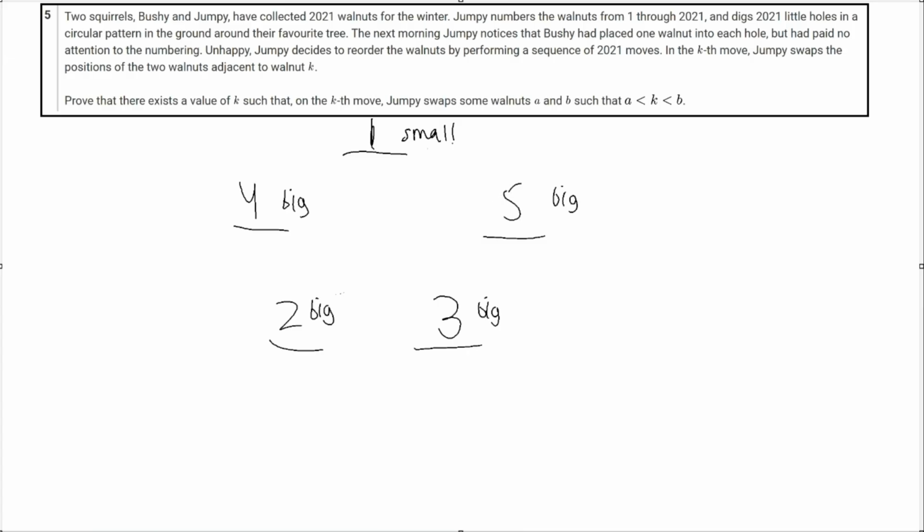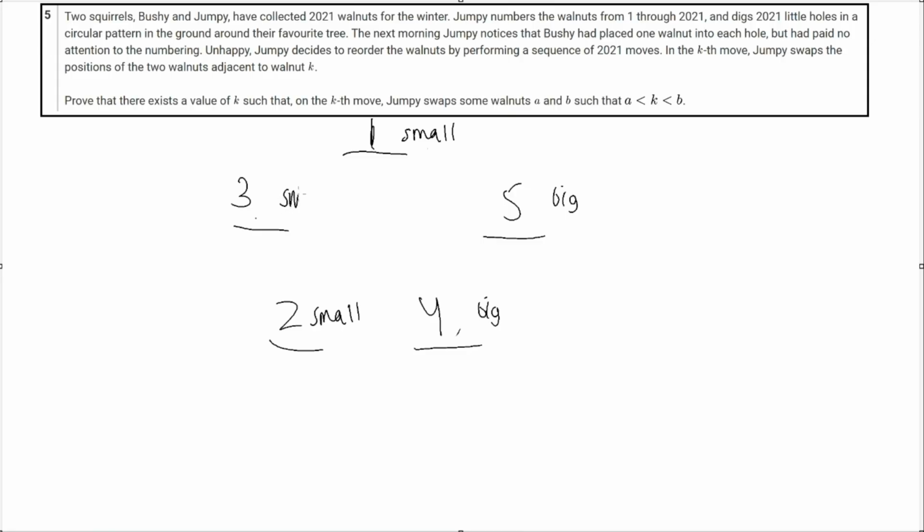And on the second move, now we want 2 to be small as well. So this is also small. Then we end up swapping 3 and 4, which are both big. So again, doesn't really give us anything. So 3 and 4. Now, on the third move, we end up marking 3 as small.